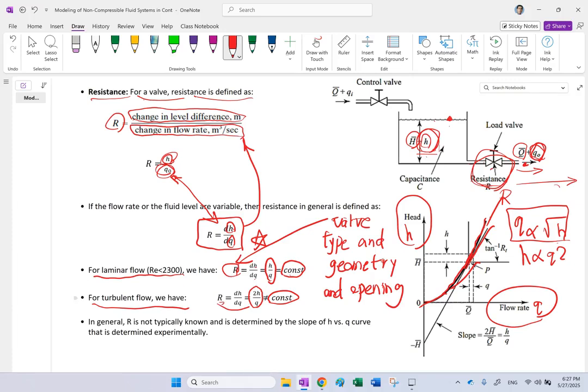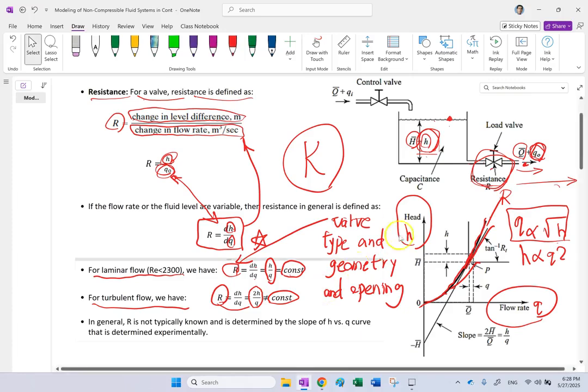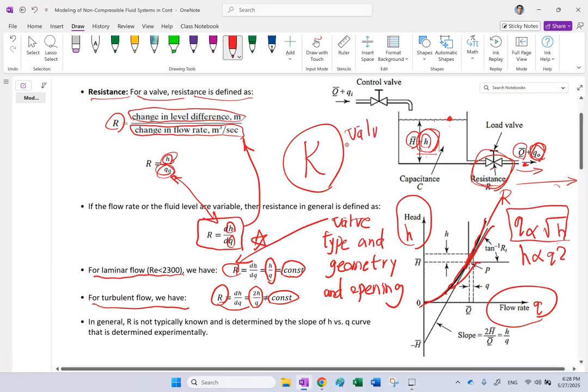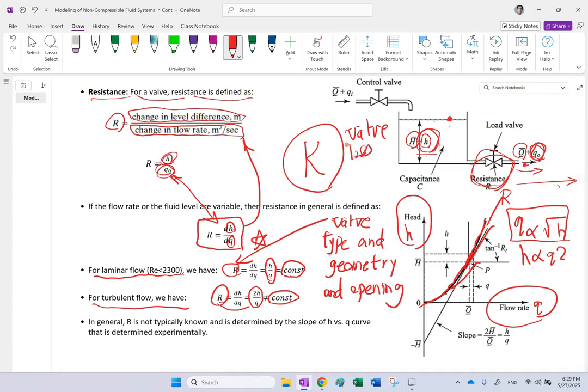So in general, this resistance of the valve depends on a bunch of parameters, and it's not a simple clean function that we can provide. Yes, there are some formulas where there is this K parameter for a valve, which we call the valve loss coefficient, right?